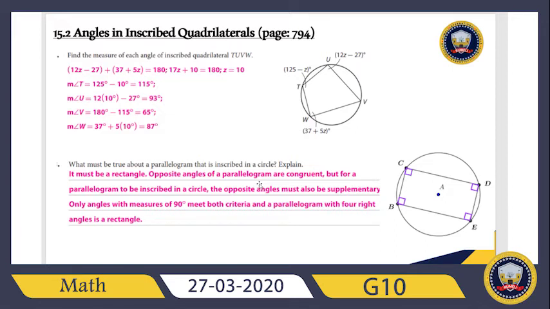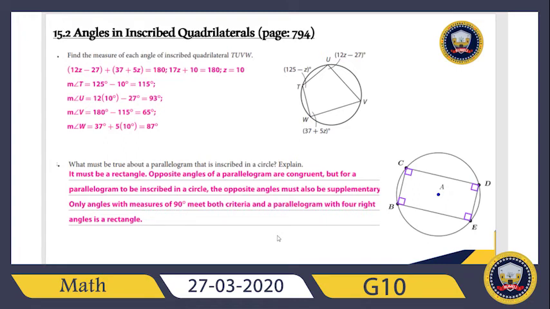So, if a parallelogram is inscribed inside a circle, then this parallelogram must be a rectangle, and all of its angles are 90 degrees. Remember the definition of the rectangle. Alright? Question: can my parallelogram that is inscribed inside this circle be a square?